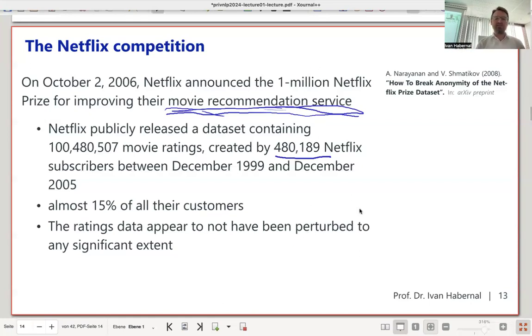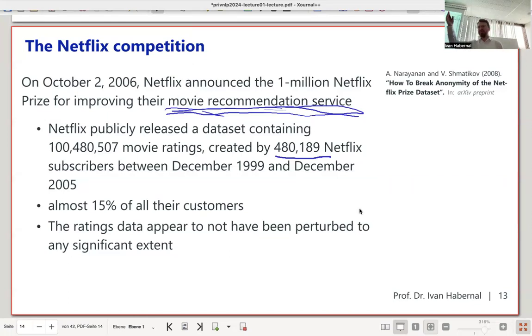And of course, if you release data about users, what are you going to do? If you are Netflix and say, I want to release 500,000 people's watching preferences for movies, what do you need to do? How can you make this somehow anonymous?